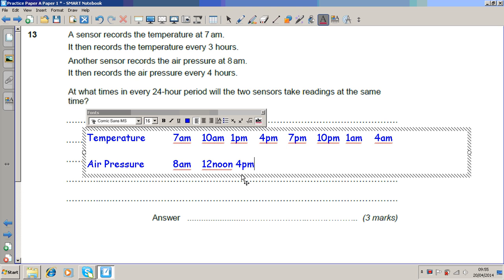Then 4 more hours will be 4 PM, then 8 PM, then 12, call that midnight, and then 4 more hours, and then 4 more hours. And we're back to where we started, so we don't need that one there.